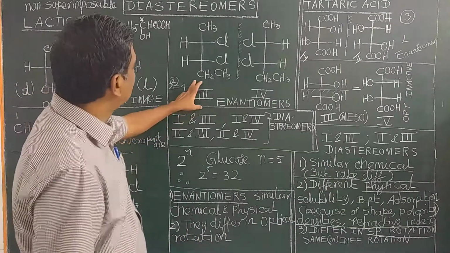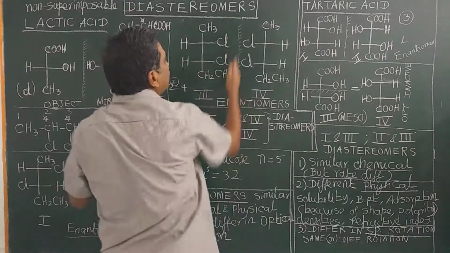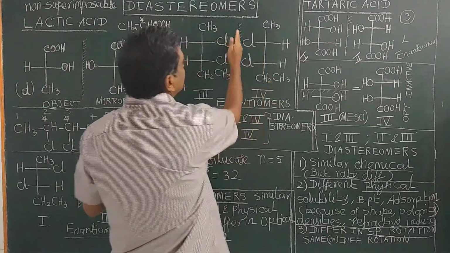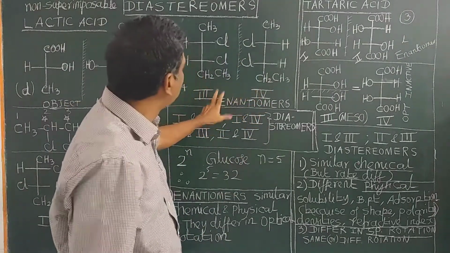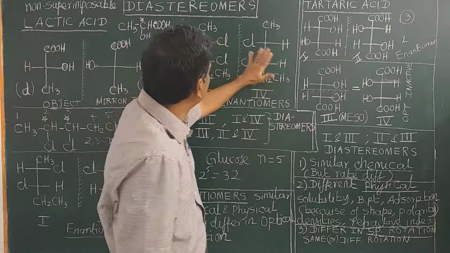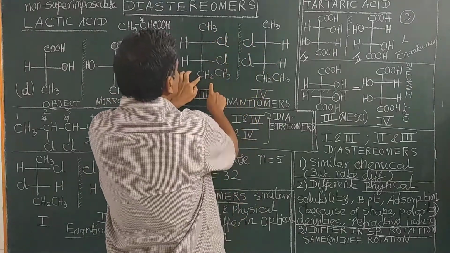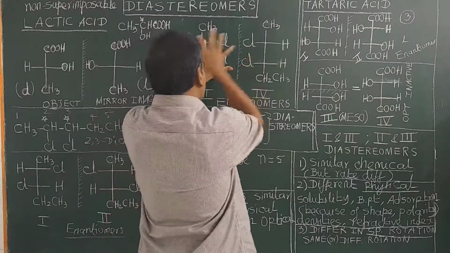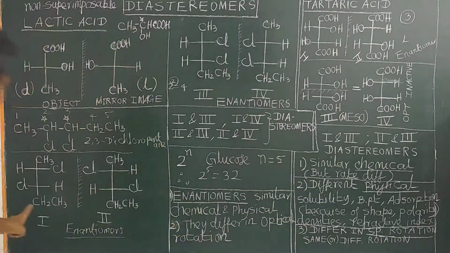Similarly, if you have Cl groups on the same side and take the mirror image, you will get 3 and 4. They are object and mirror image, and not superimposable, so 3 and 4 are enantiomers, similar to 1 and 2.